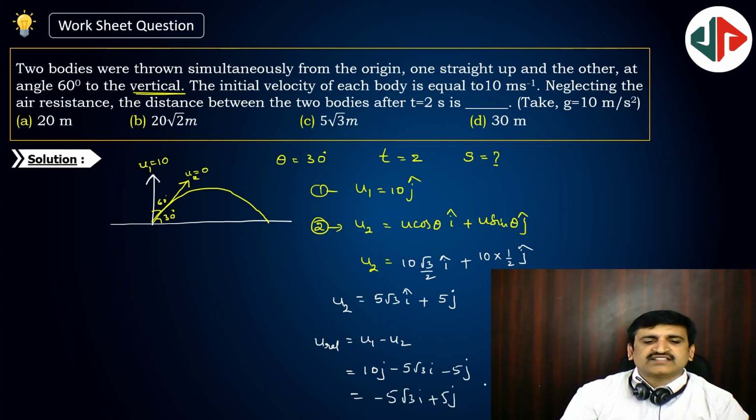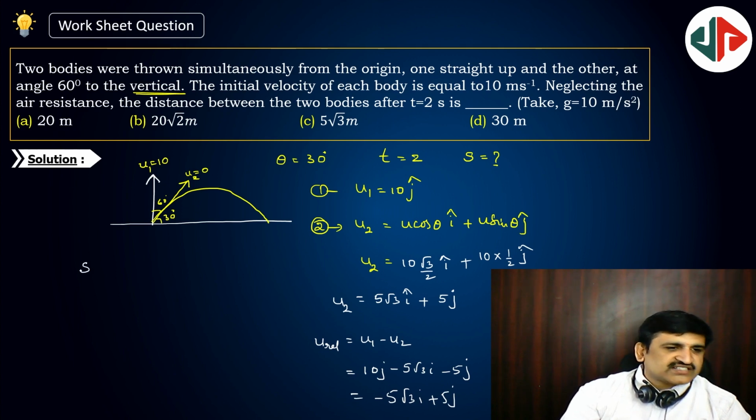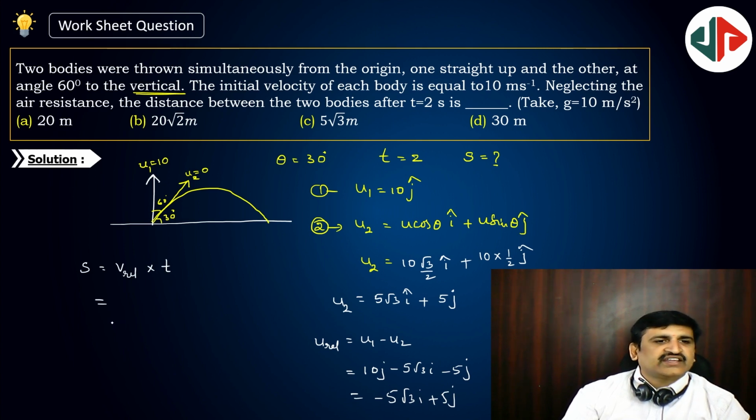Distance s is relative velocity into time, so we take the magnitude: square root of (5 root 3) square plus 5 square.